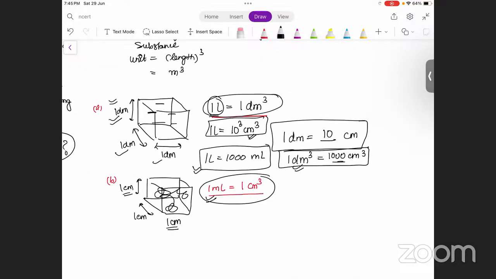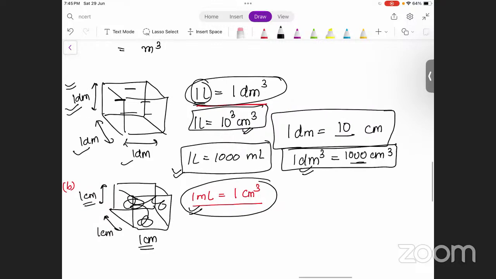Now, the other thing I want to tell you is, the only thing that will confuse you in the units is what is decimeter cube. So from here onwards, you should know that 1 decimeter cube is 1 liter.